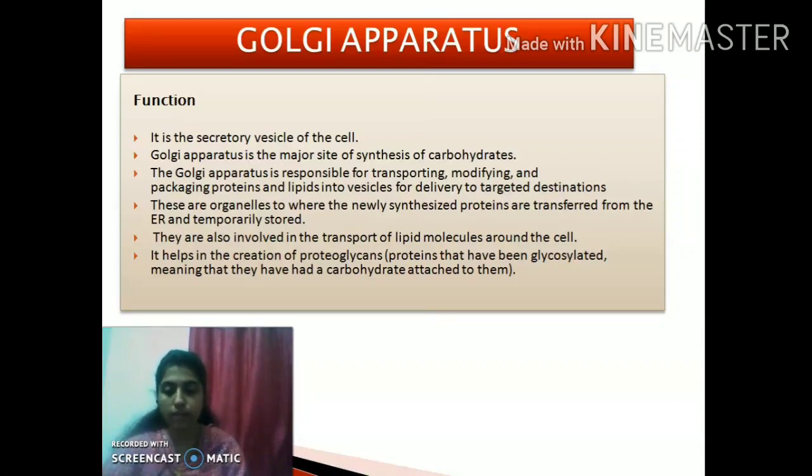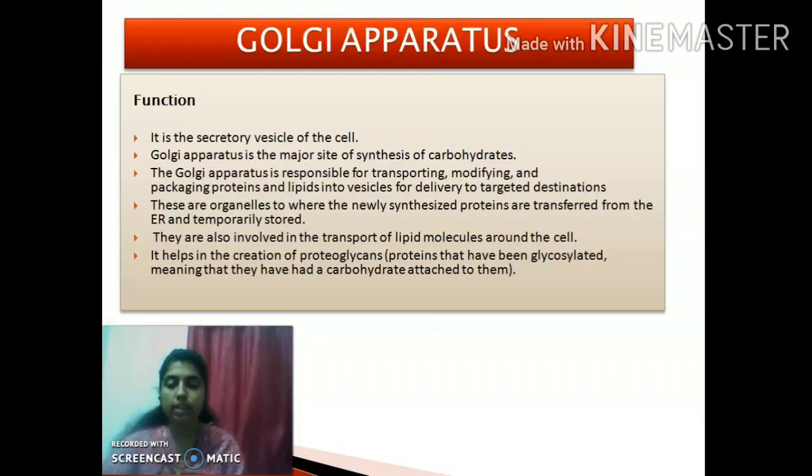That means they are essential cell organelles responsible for secreting important chemicals and proteins within the cell from one place to the other, and they also help to transport different types of chemicals including proteins from inside the cell towards outside, packed within vesicles. So the Golgi apparatus is termed as the secretory vesicle of the cell.